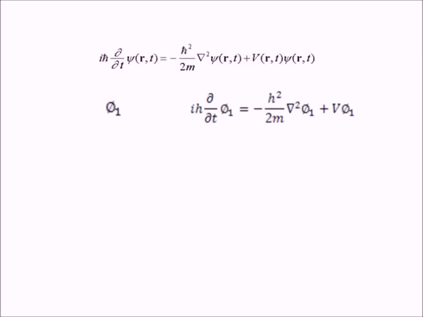If I multiply by a1 on both sides, which is a complex number, we get a1 iħ ∂/∂t phi 1 is equal to minus a1 ħ² by 2m ∇² phi 1 plus a1 V phi 1.